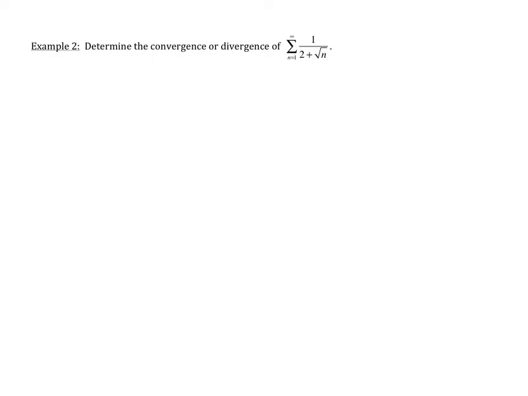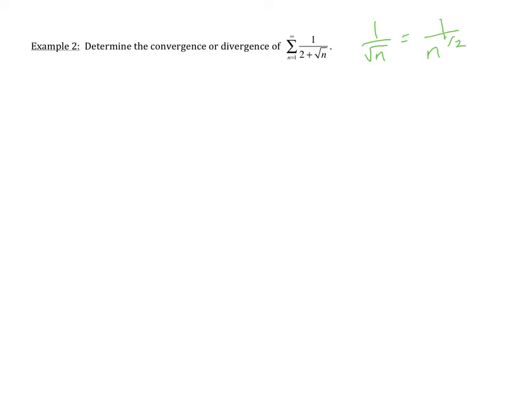So I'm going to go ahead and pick a series, and I'm going to pick the series 1 over the square root of n, or if you want to rewrite that, 1 over n to the 1/2. Okay, and I'm going to pick that because it's very close, and all I did was get rid of the 2 in there. All right, so we've got this one, and we need to determine if it converges or diverges. But first we need to show the inequality.